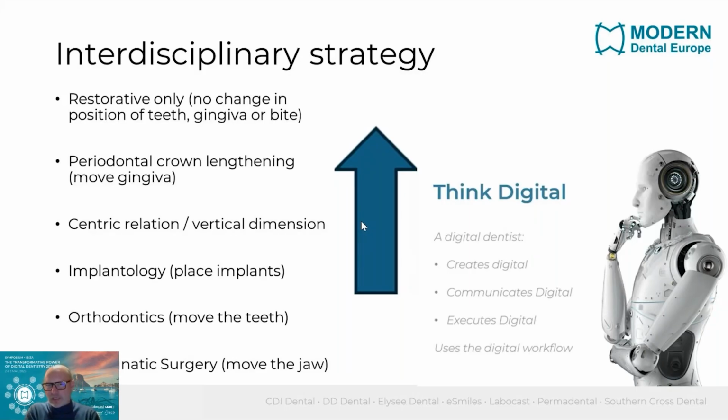Do we have to place implants? The next step is the relation and the vertical dimension. Then do we need to perform crown lengthening or gingivectomy, and then the final stage is the restorative only.